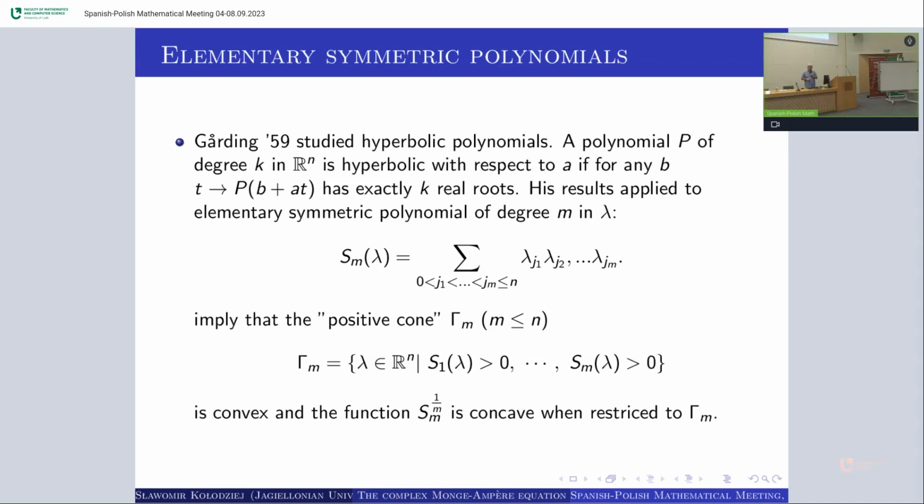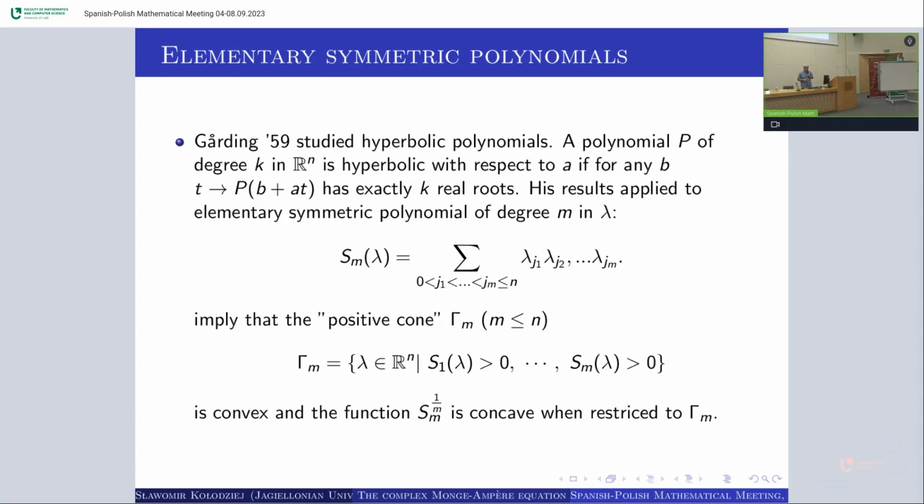A polynomial is hyperbolic with respect to a vector A if for any line in the direction of the vector A, the polynomial has exactly k real roots, where k is the degree of the polynomial.